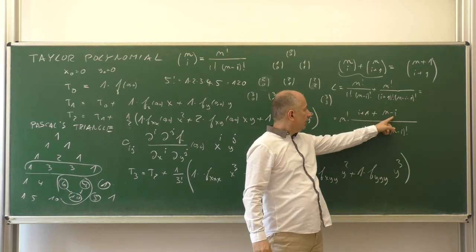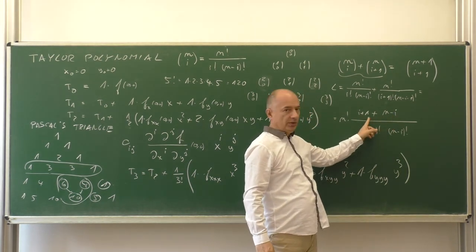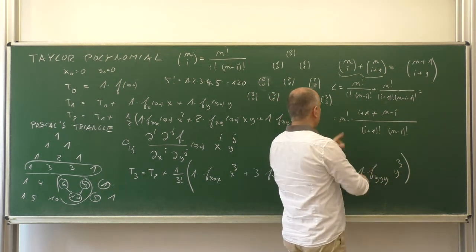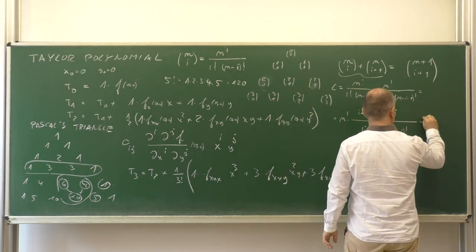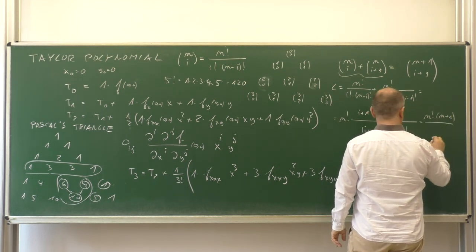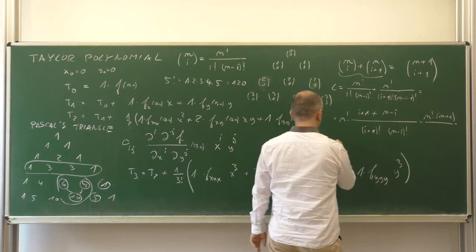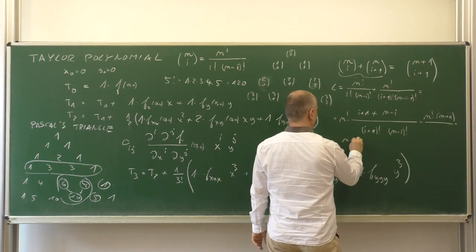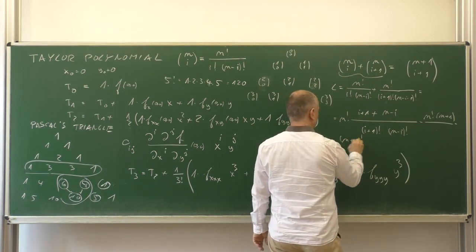But i minus i cancel, and we have n plus 1. And n factorial times n plus 1 is exactly n plus 1 factorial.